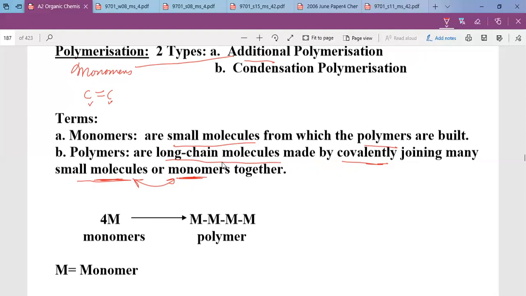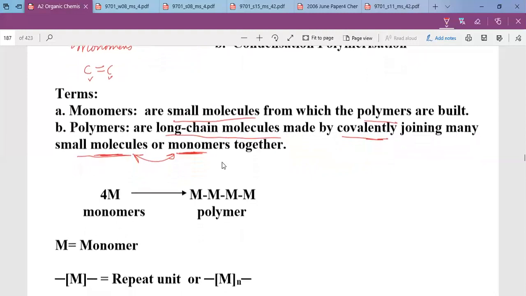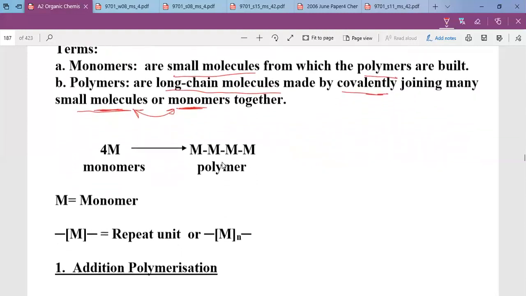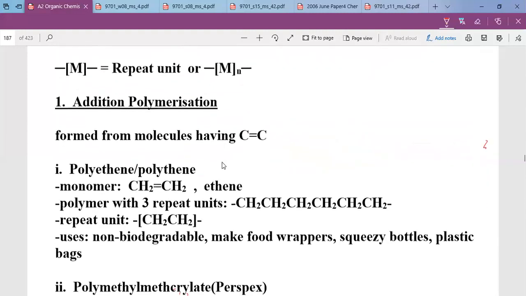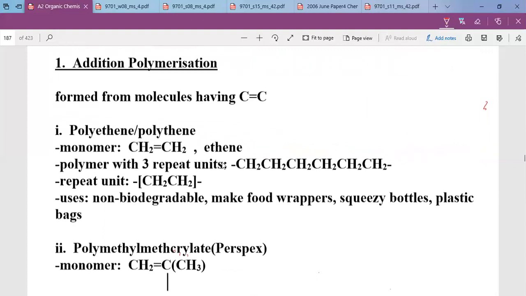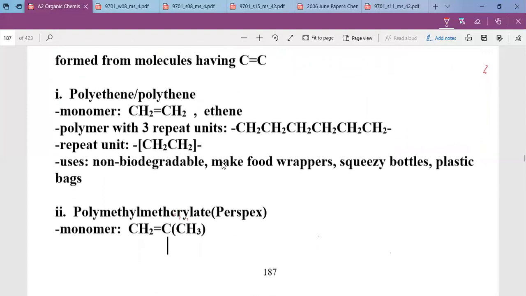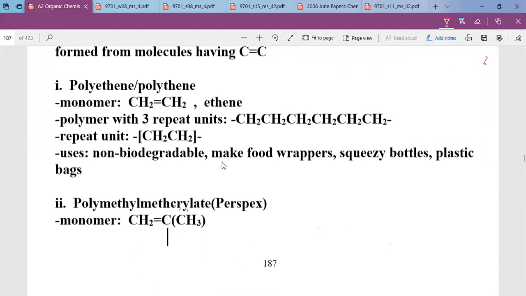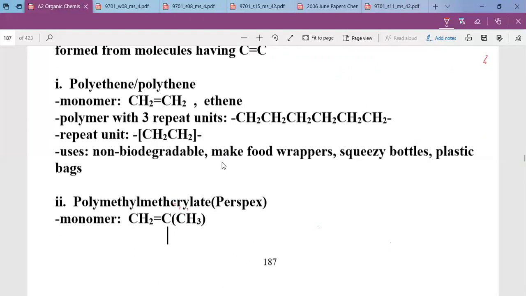Now let's look at an example here. Addition. So you have this polyethene, or poly(ethene) for short. The word ethene means you start the monomer with ethene, with two carbons. This is the simplest of all, right?